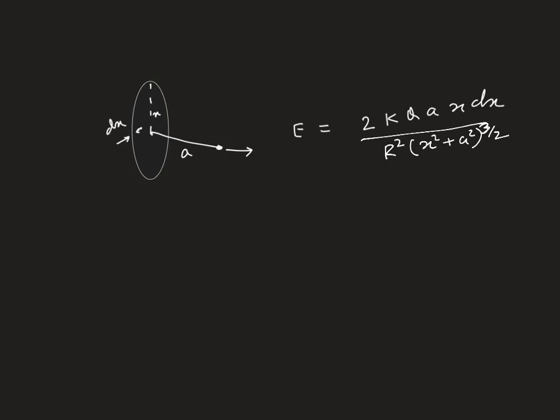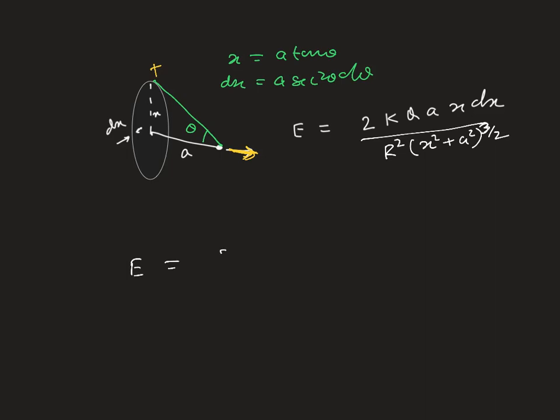And we knew that the electric field is along the axis away from the ring if we are taking a positive charge. And we also know here this was tan theta, so x was equal to a tan theta and dx was equal to a sec squared theta d theta. We'll try to replace all of this here.